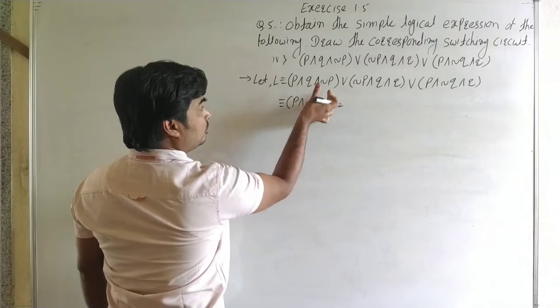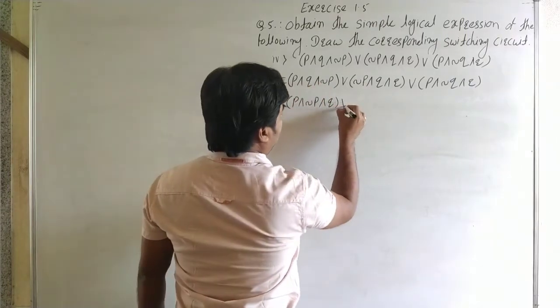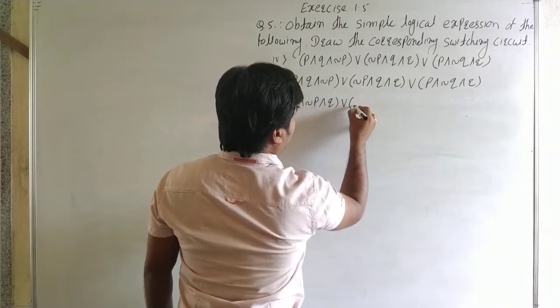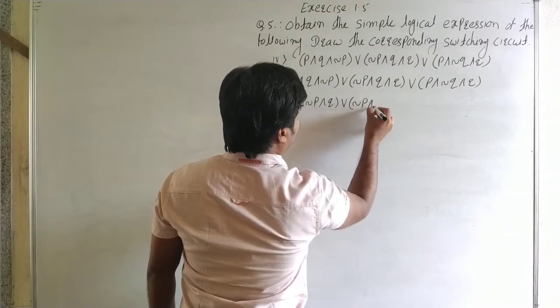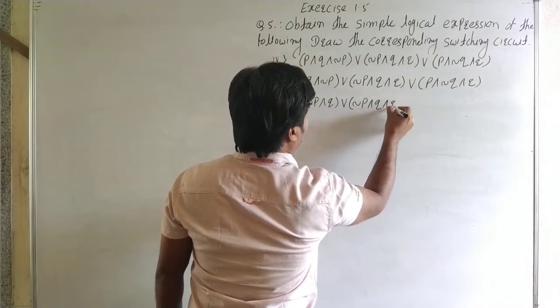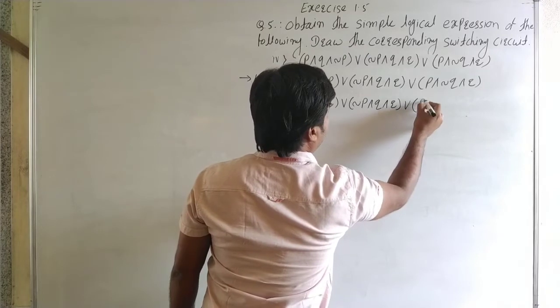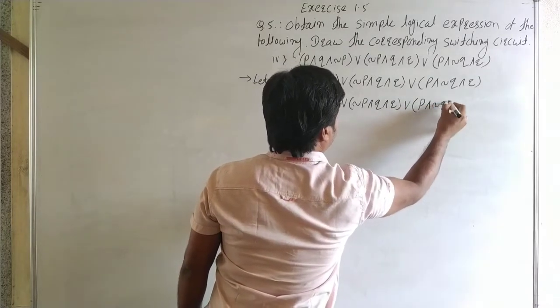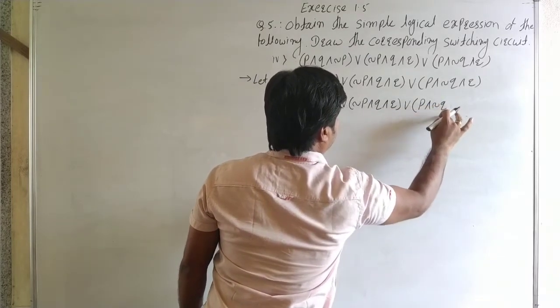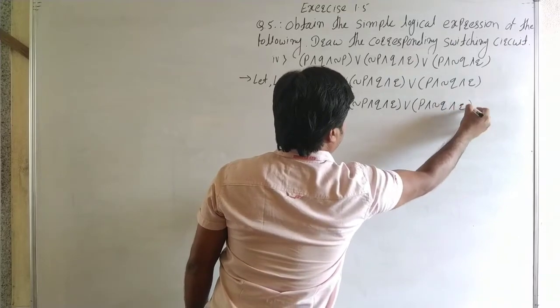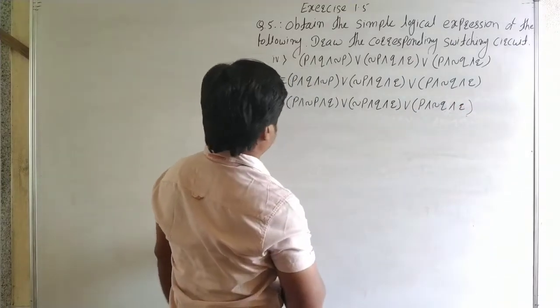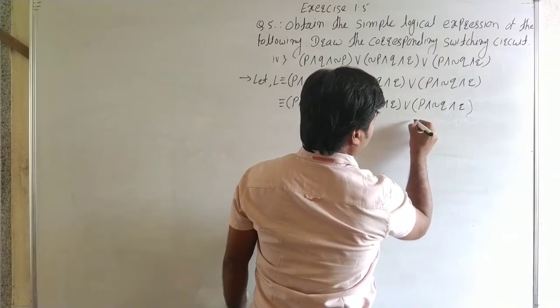Here we use the commutative law, and here it is negation P and Q and R, or P and negation Q and R, as it is.